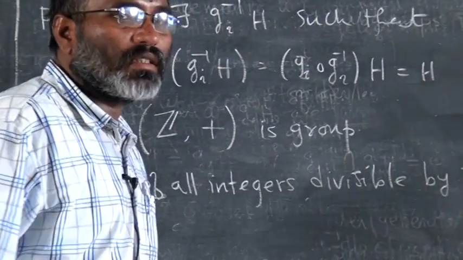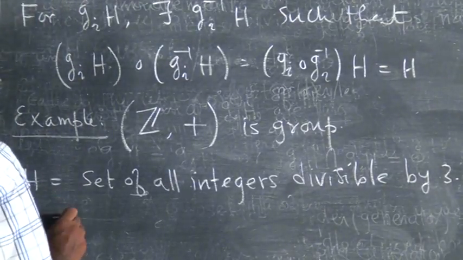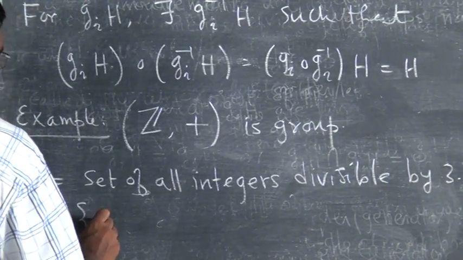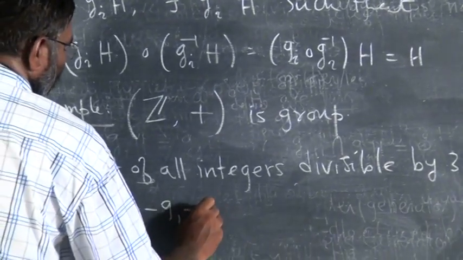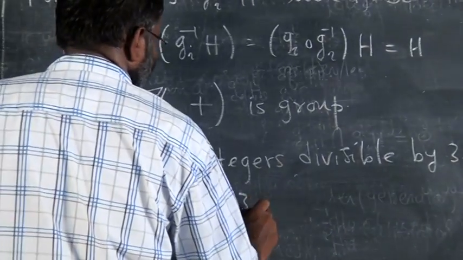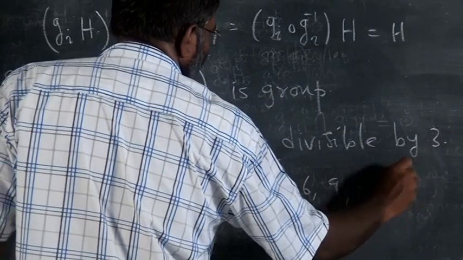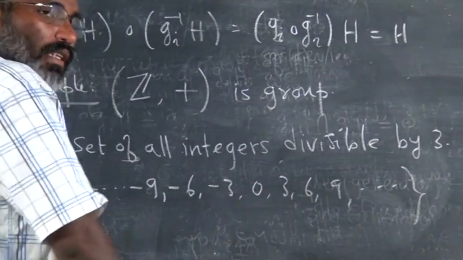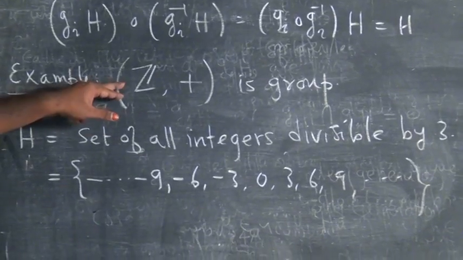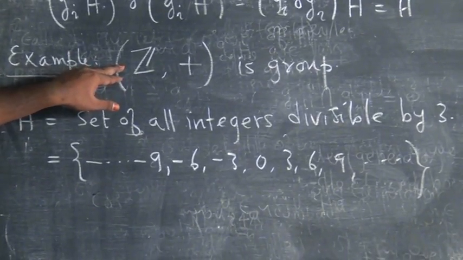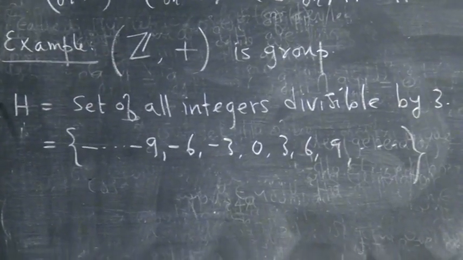Let's take the set of all integers that are divisible by 3. What is this set? This set is equal to minus 9, minus 6, minus 3, 0, 3, 6, 9, etc. These are all divisible by 3. Is this a subgroup under the same addition? It's a subgroup, correct?